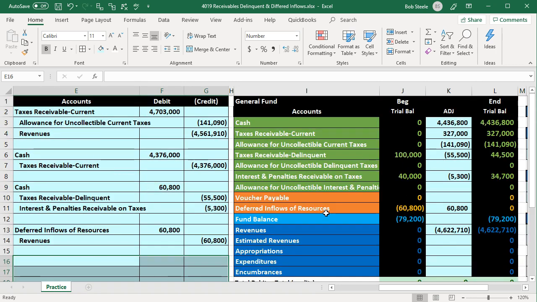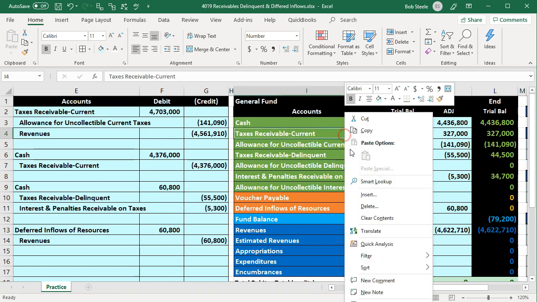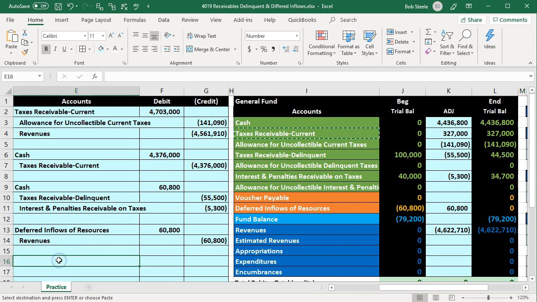Now, there are a few different ways you can do this. I would do this in 2 journal entries. One way to think about it is, these 2 need to go to 0. I'm going to do it one at a time. I'm going to make this one go to 0 and put it into the delinquent. This is an asset account, has a debit in it, so I need to credit it. I'm going to copy that, skip a line, put it on the bottom in E17, and credit it.